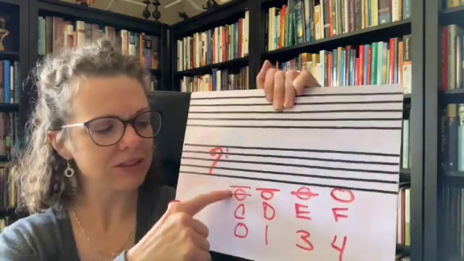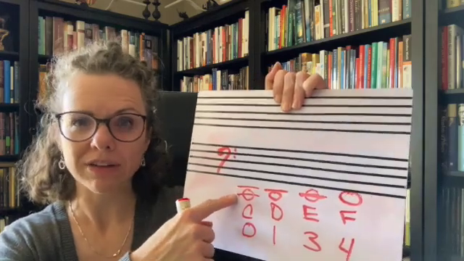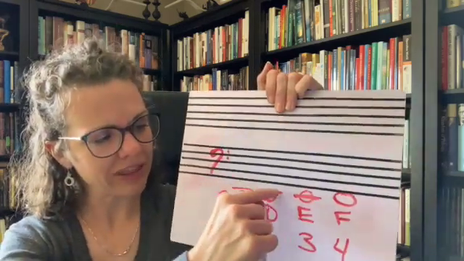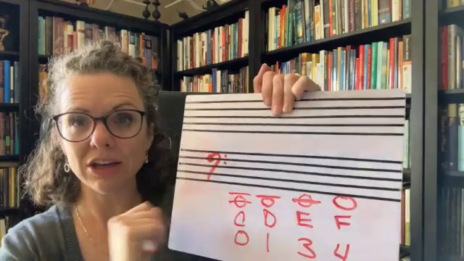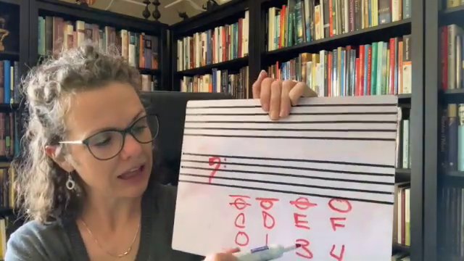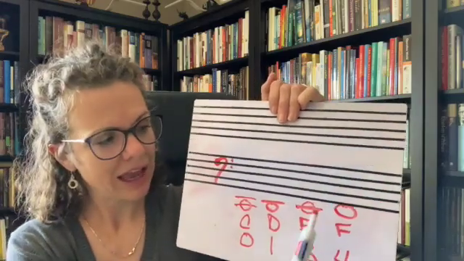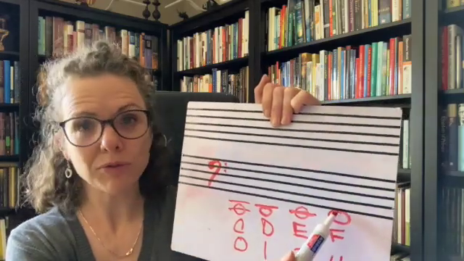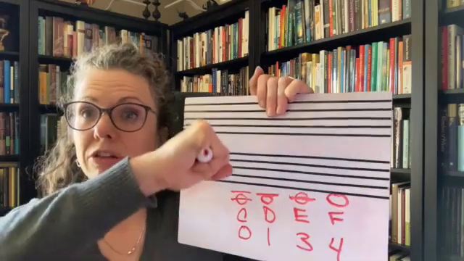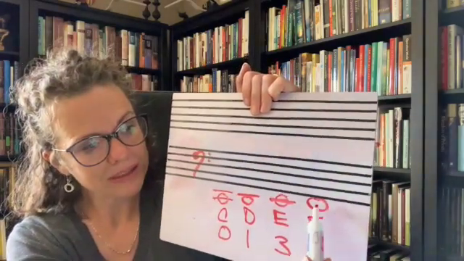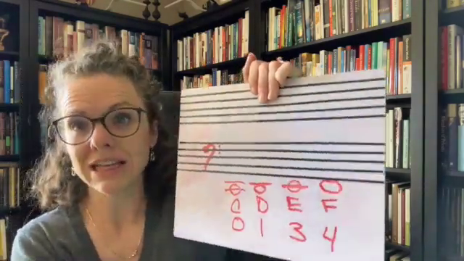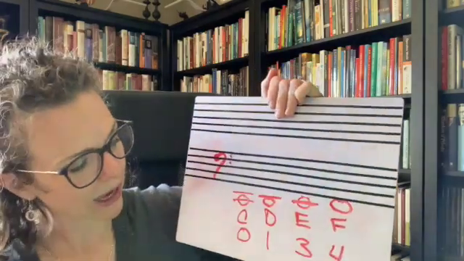C, open C string, 2 ledger lines down. D, you draw the ledger line and then the note hanging down. E, draw the ledger line and then the note goes right on it. And then F is hanging down from the staff. It's like the top of it is glued up to the staff, but it's not covering the line. It's dangling down from it, okay?